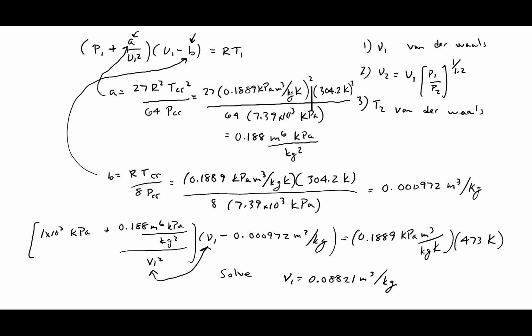So now what we're going to do is step 2, where we're going to calculate V2 from V1. And we know that this is a polytropic process, so we know the relation between the pressure and volume. So V2 is equal to V1 multiplied by P1 over P2 to the 1 over 1.2.